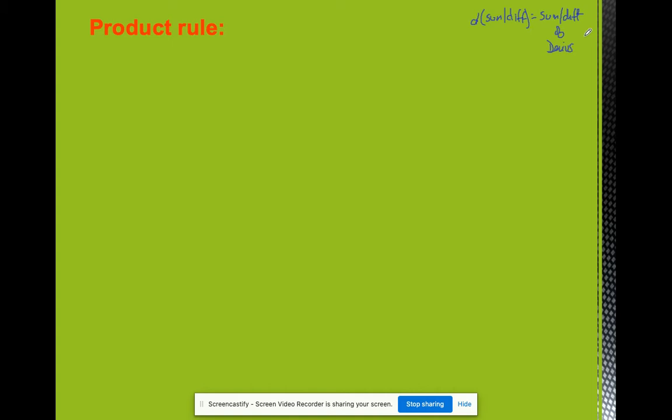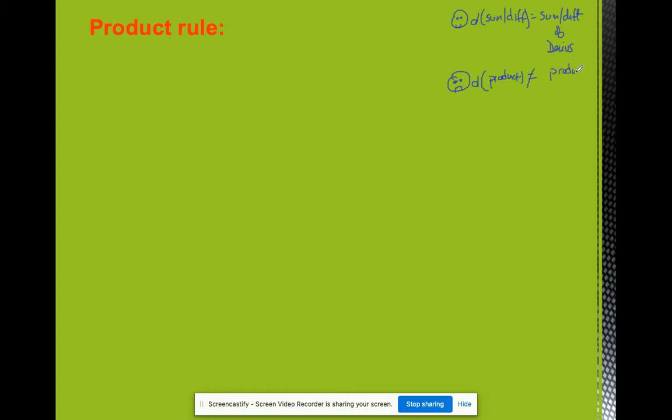But for the product rule of derivatives, which is not like the product or the quotient rule of limits, right? The product rule for derivatives, it's really important that you know what it is not. This statement is not true. It is not true that the derivative of a product is the product of the derivatives.